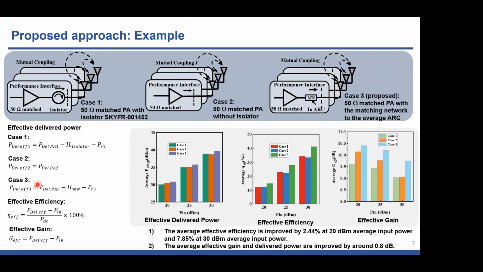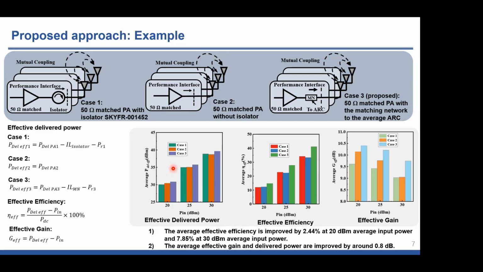And the third case is similar to the case with isolator. We subtract the insertion loss of the match network and the reflected power caused by the mismatch from the delivered power of the DPA. And we show the results in this figure.